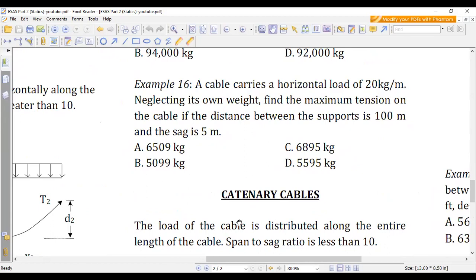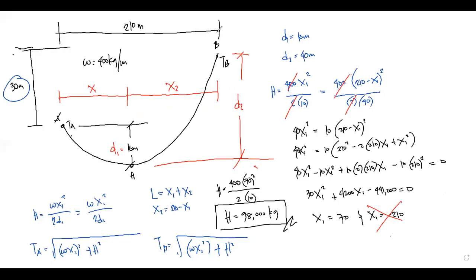Okay, so this is for number 16. So the cable is parabolic, evenly supported.